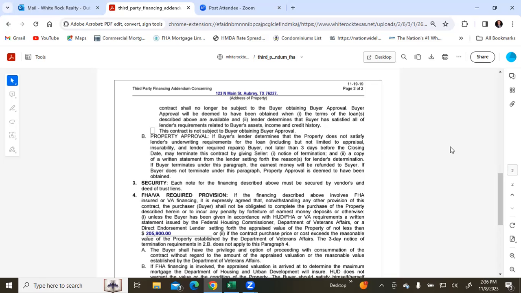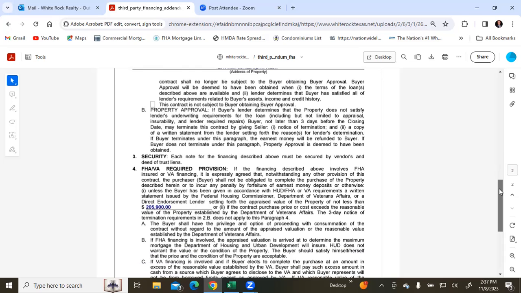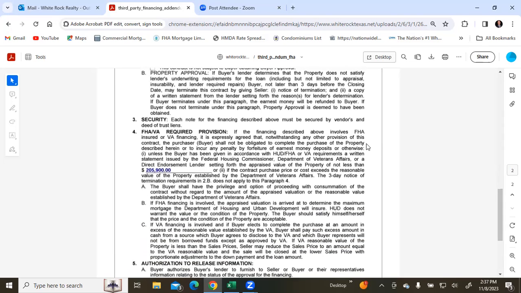All right. So, which leads me to my next point, which is paragraph 4, because the government's involved, and so the government is not going to want to take a whole lot of risk here. In paragraph 4, it says FHA VA required provision.